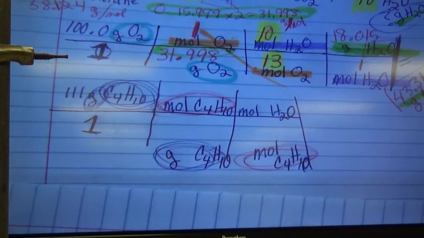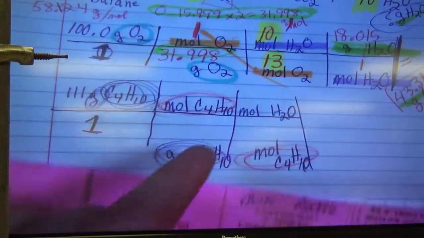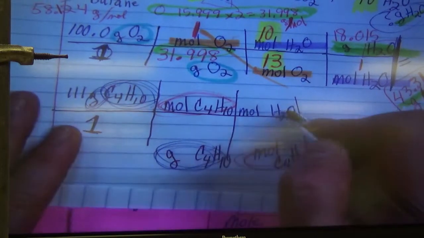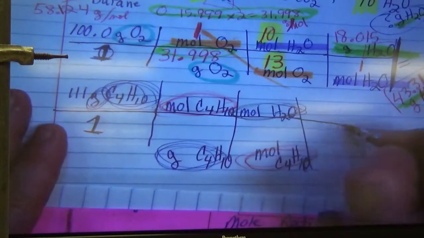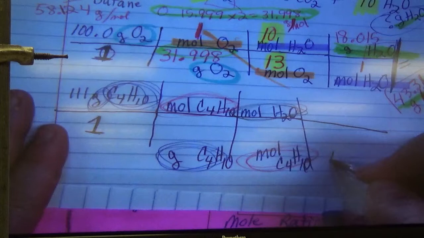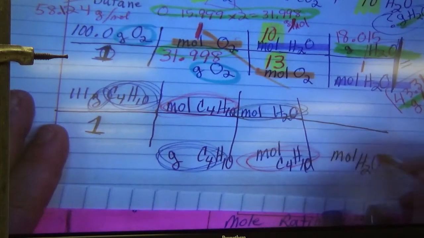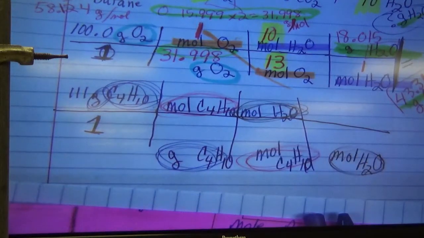And we're following the foldable. We have moles of given on bottom, moles of unknown. Okay, but do we want moles of water as our answer? No. So here we go again. Does it get copied to the bottom or to the top? To the bottom. So moles of H2O will go to the bottom so that it will cancel. Okay. What are we looking for?